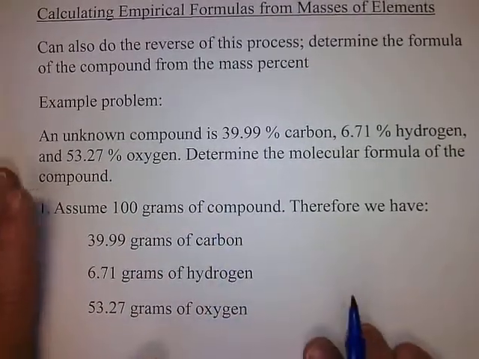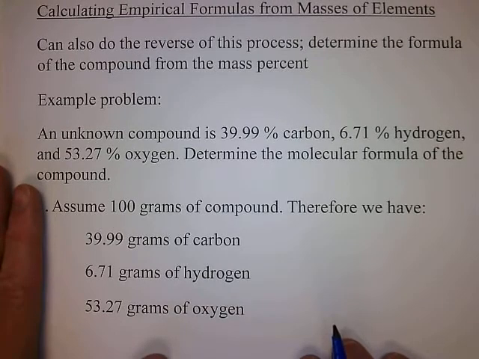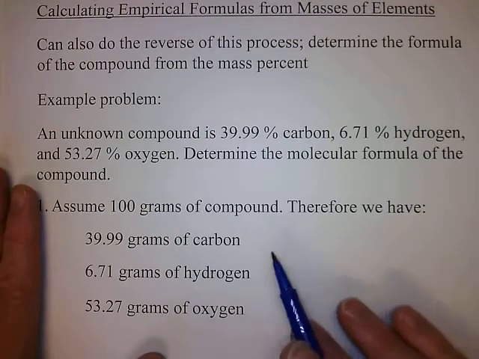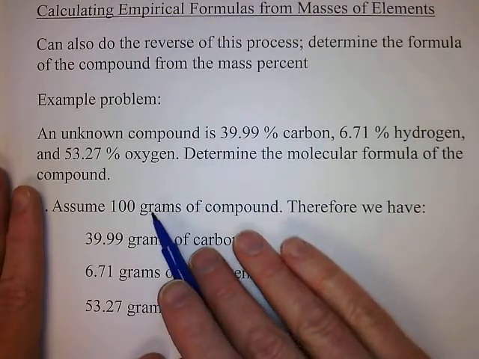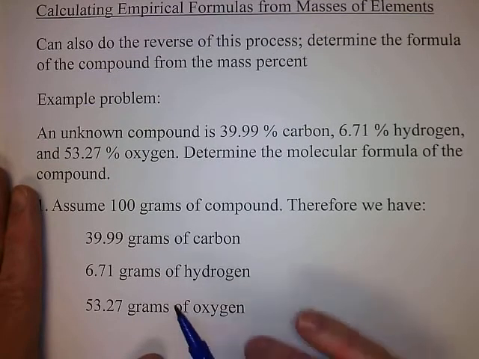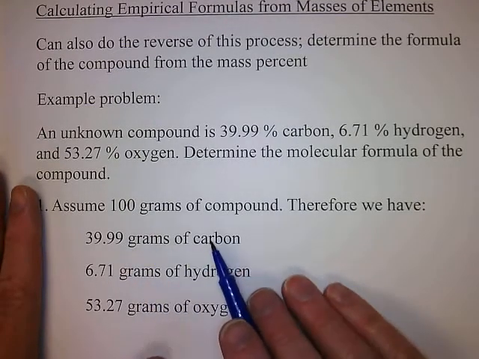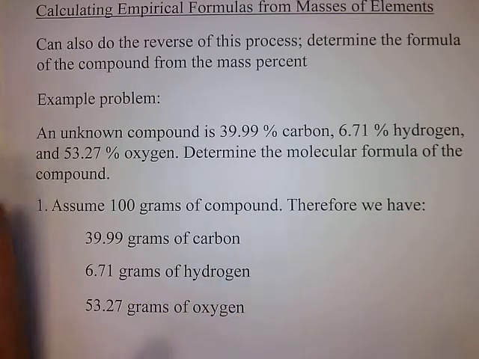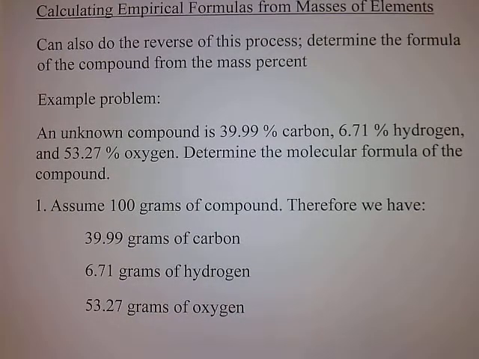So our percentages automatically become grams, right? So that means if we have 100 grams of compound, we have 39.99 grams of carbon, 6.71 grams of hydrogen, and 53.27 grams of oxygen.